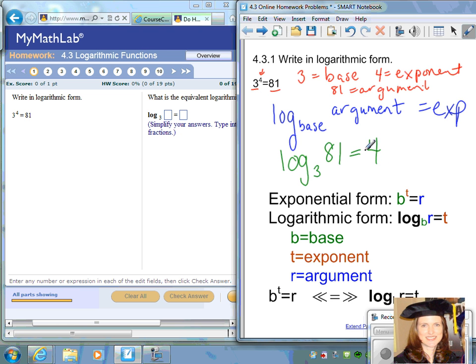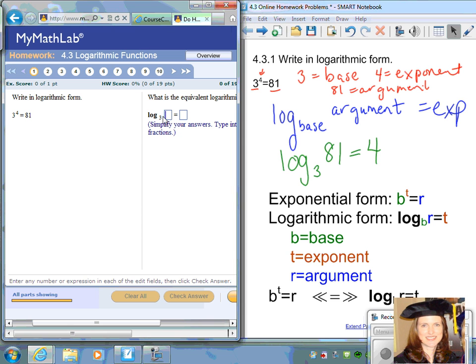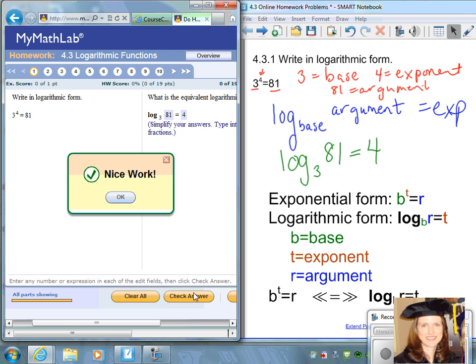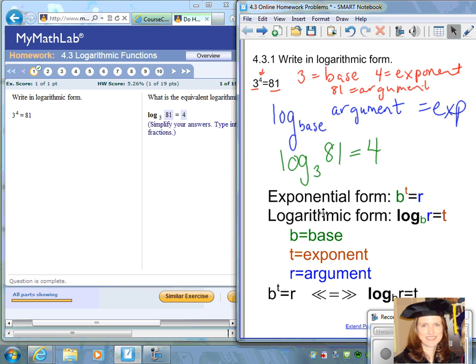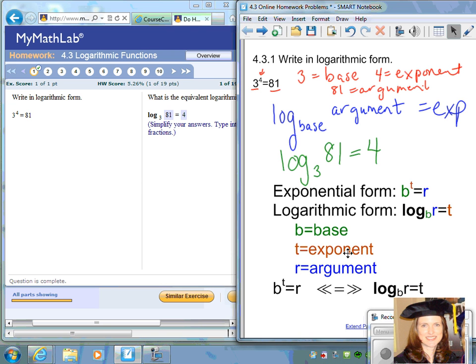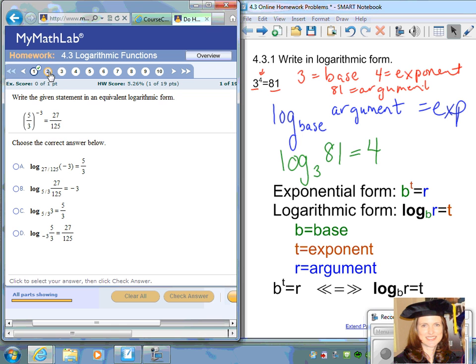So we can write this in MyMathLab. The log and the base 3 are already written, so we're going to write the argument, 81 equals 4. Okay, keep this, write this down, look at it daily until you can easily go from one form to the other. Let's look at number 2.